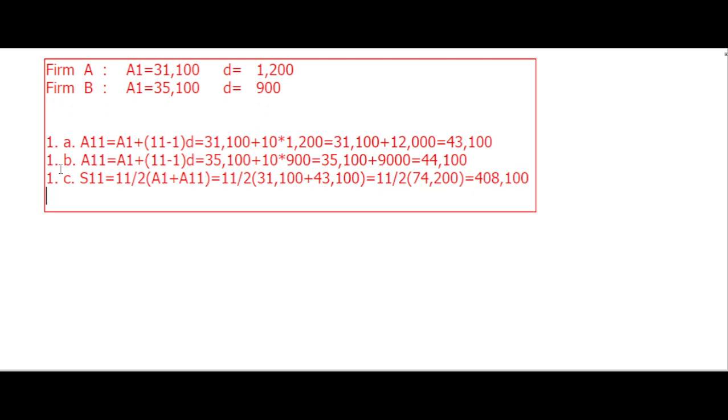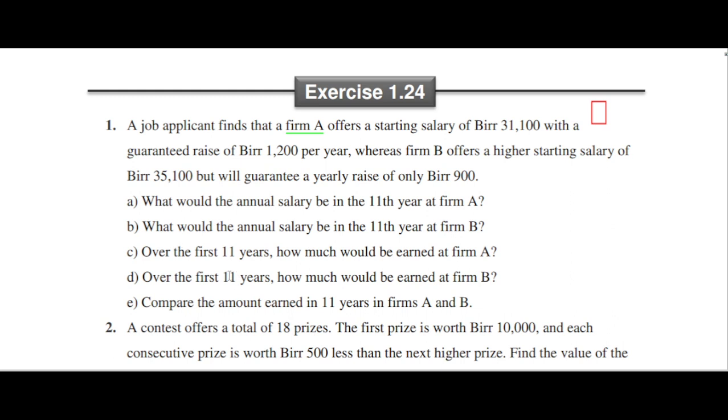Let's go to question number 1D. What do we want to find here? Over the first 11 years, how much would be earned at firm B?